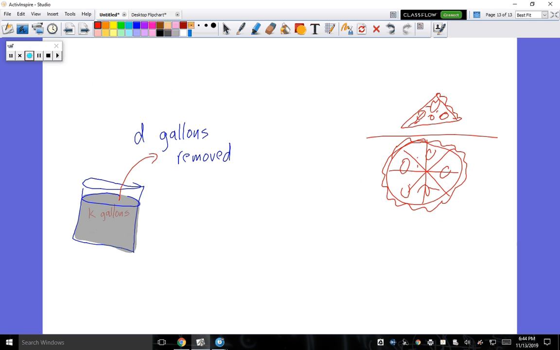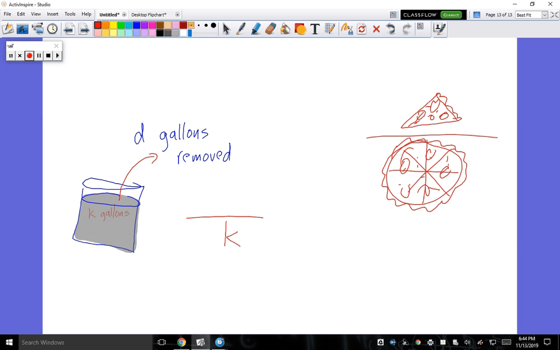So think of a slice of pizza over the whole pizza. This is your percent, right? So a piece over the whole. My whole over here was what? What was my total? What was my original total? Okay. That's my big pizza. What's the piece that's left?